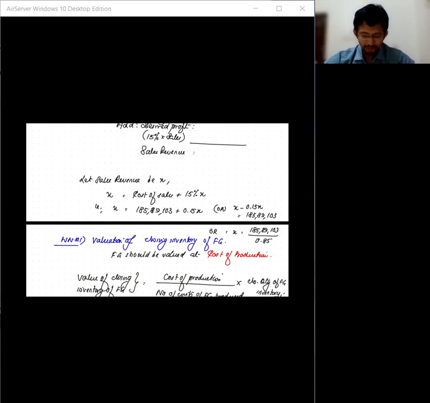So what is the value of X? X means sales revenue. That is equal to 185,89,103 divided by 0.85, which is 218,69,533.